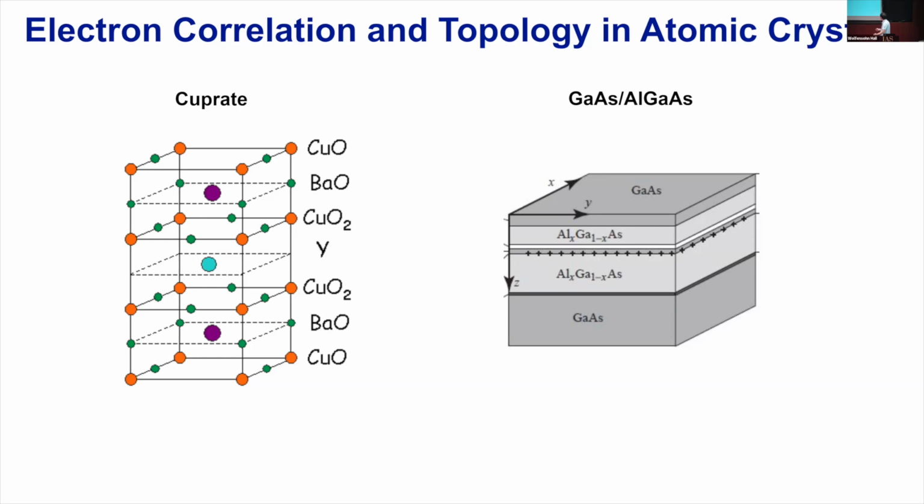On the other hand, you can also grow atomic crystals in the Z direction by forming some heterostructures, and subject them to a high magnetic field to induce the so-called Landau levels. And many amazing things happen in the Landau levels of such heterostructures of atomic crystals.